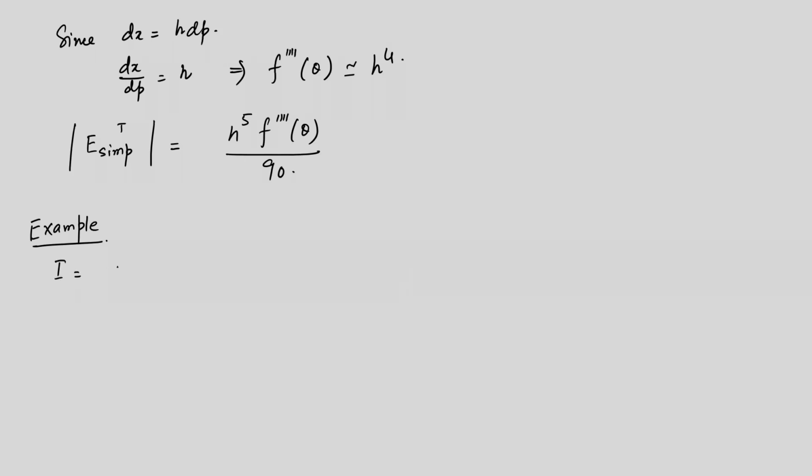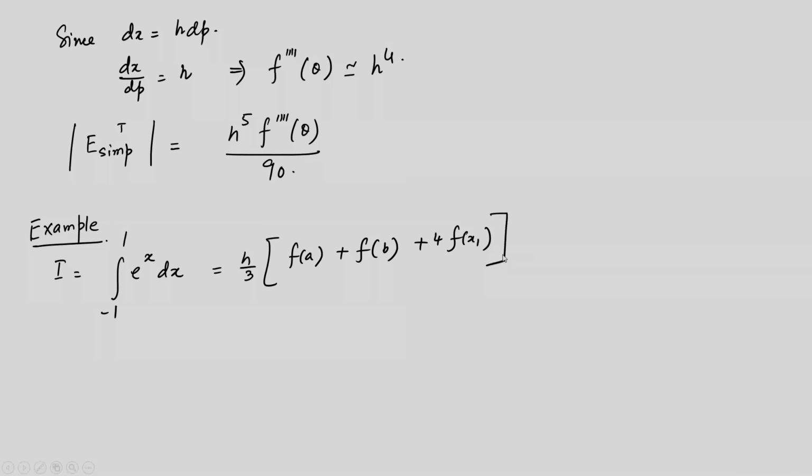I equal to minus 1 to plus 1 exponential x dx, it is equal to h by 3 f of a plus 4 f of x 1 plus f of b. Okay, I just changed the order.